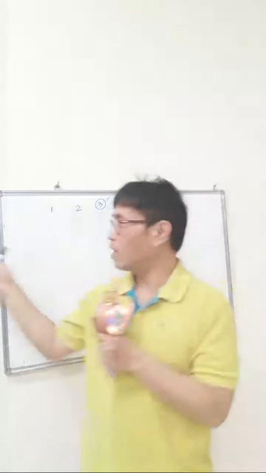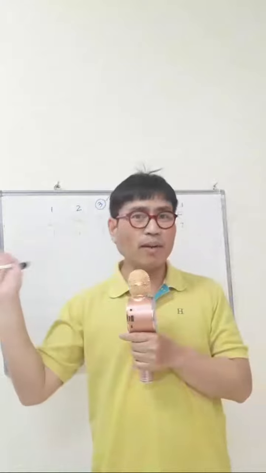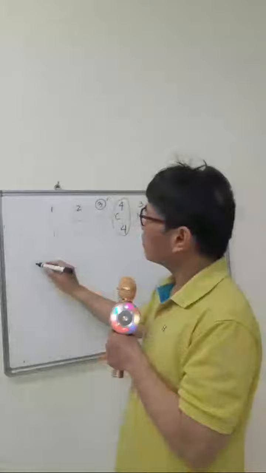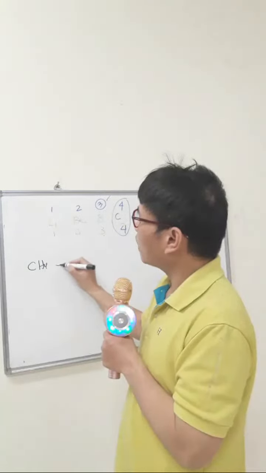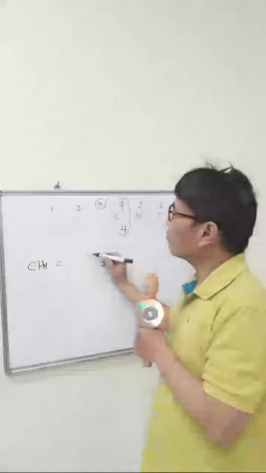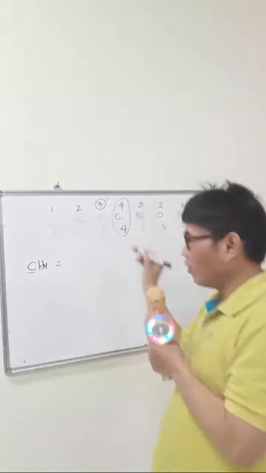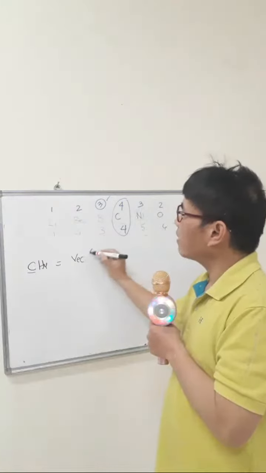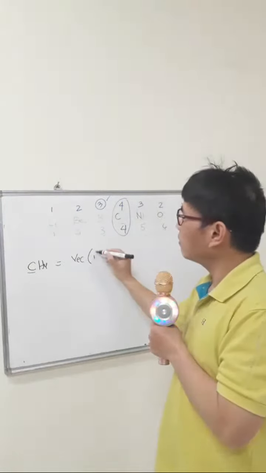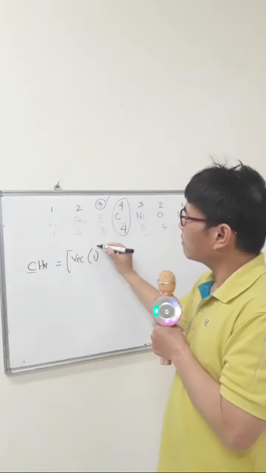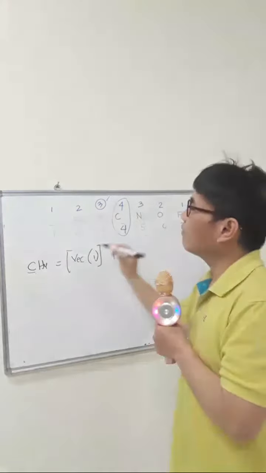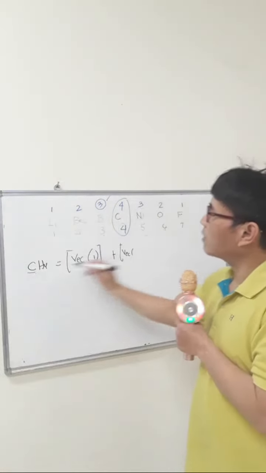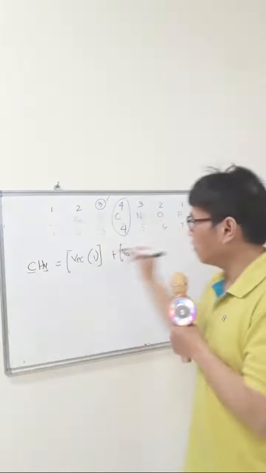Okay. And then you will go to the atomic number and add individual. No, it's wrong. So it's going to be like this. CH4. Total number of electrons of CH4 will be equal to this: valence electrons of carbon times the subscript of carbon, plus valence electrons of hydrogen times subscript of hydrogen, which is 4.